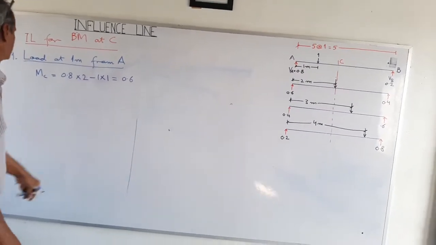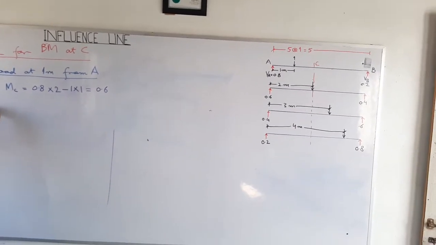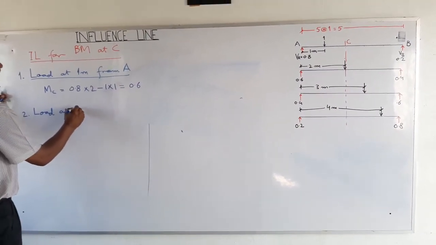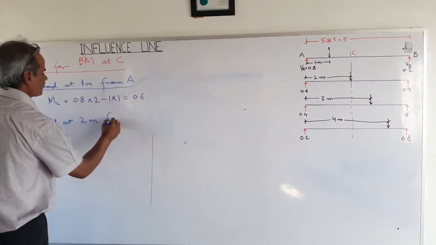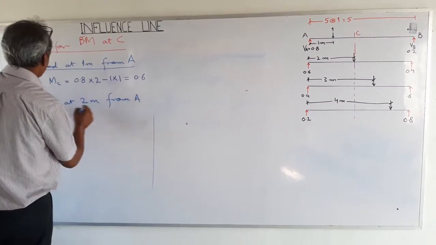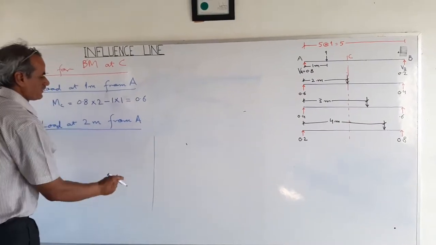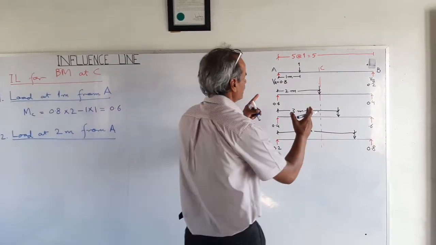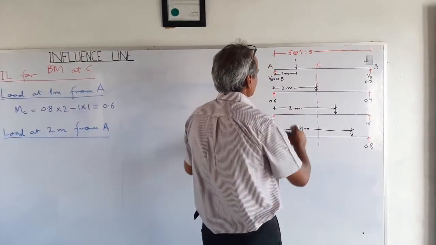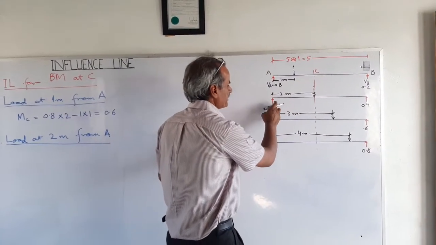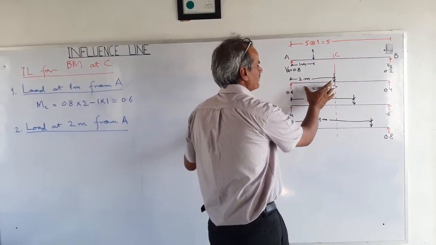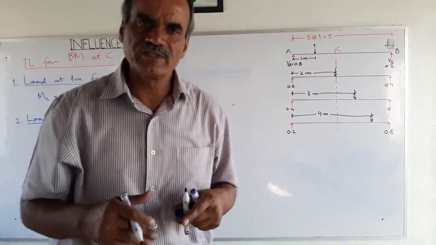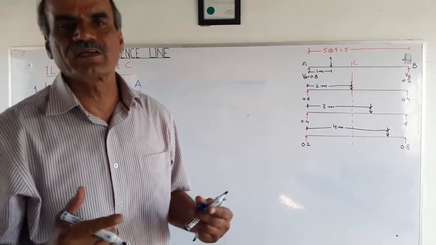So our bending moment ordinate at C due to unit load at 1 meter from A shall be equal to 0.6. Now second case, when load is at 2 meters from A. Now in this case, you would appreciate that again on our left side there is only one transverse force, whereas the unit load has moved onto the C, and due to its zero moment arm it will not give any value.